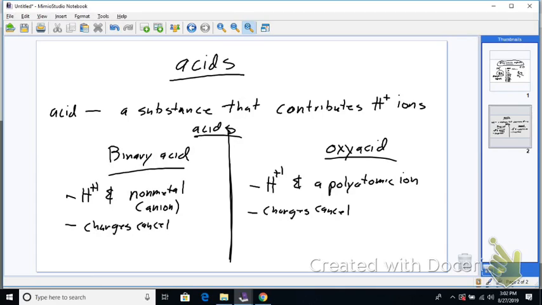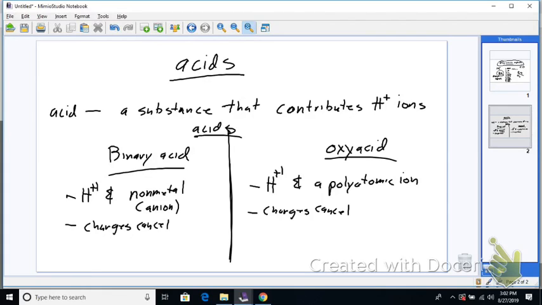So you're never going to have the second element with a subscript, because the first element's always a +1. It's only the hydrogen where you'd have a subscript when you do these, if you have to balance charges out. So that makes it really easy. You don't have to worry about a 2-to-3 ratio or anything like that. So charges cancel. Everything's similar, in that we're putting them with ions that cancel out.